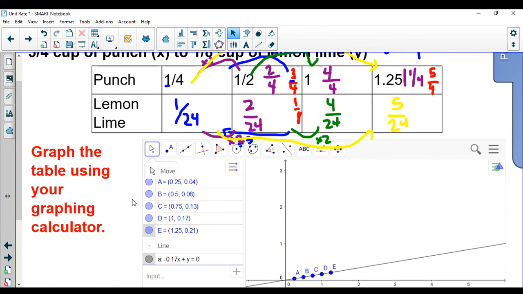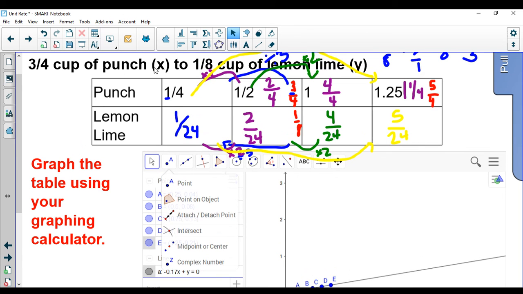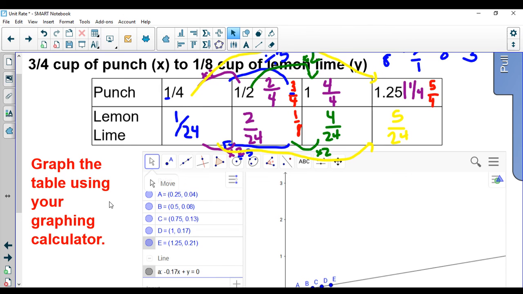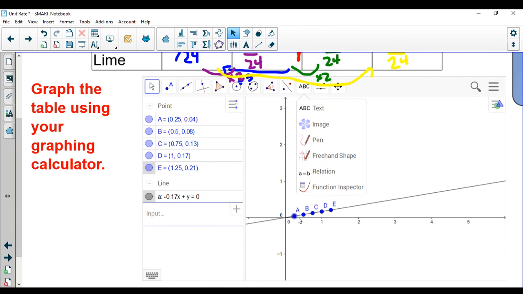One thing I forgot to mention as we were graphing, you always put x first. So up here it told me that punch is x, so I put in my x value first when I was entering my points. Coming back down to my graph, because this is a straight line and goes through my origin, I know that this is a proportional relationship.